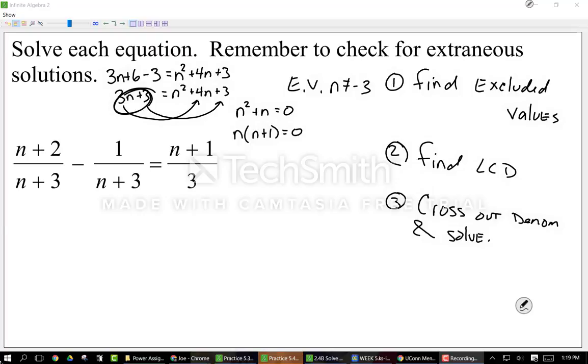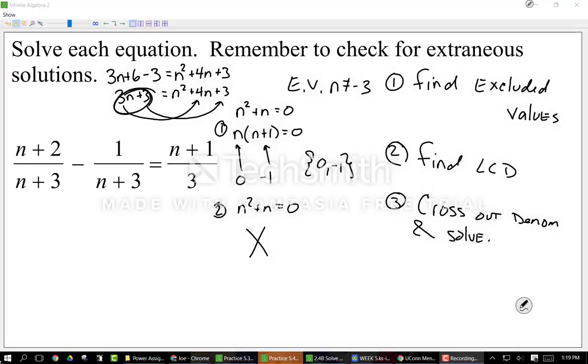And then remember, I can say that n is negative 1 because that makes that 0. What makes this n a 0? 0. So I know my solutions are 0 and negative 1. Those are my answers. Now I got to make sure they all work, right? So this is my first way to do it. My second way is to take my n squared plus n equals 0, put it into an x to see if it works.